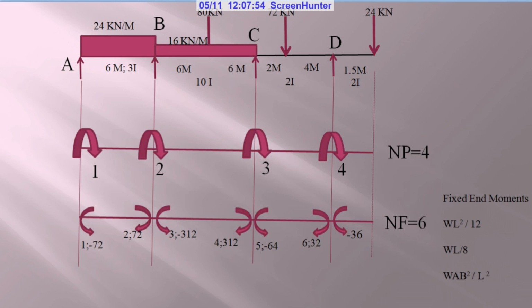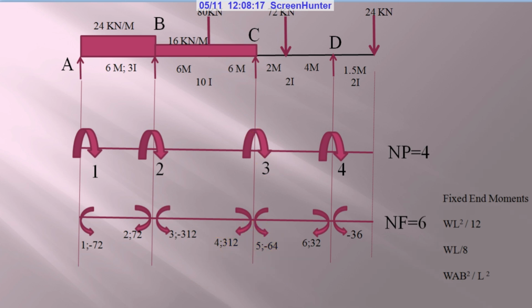Then switch over to the third rotation. This is the third rotation. The associated fixed end moments are 4 and 5. So third rotation means third row. 4 and 5 are the fixed end moments, that is column 4 and column 5.